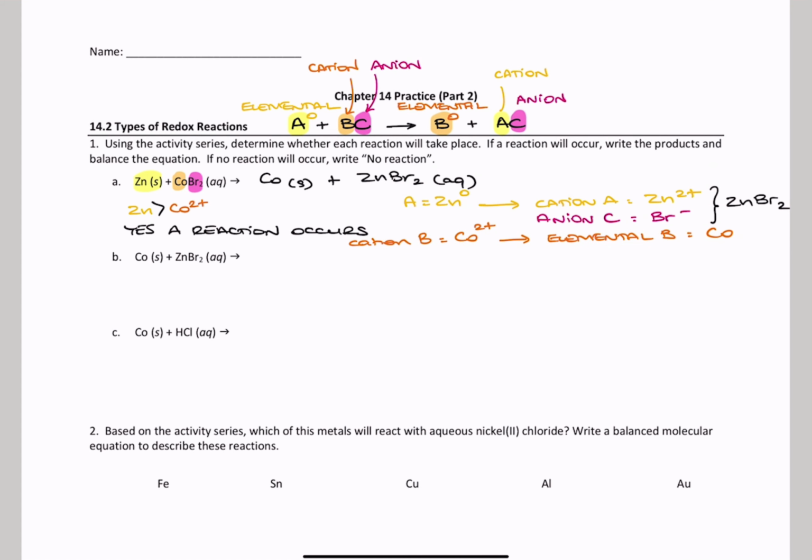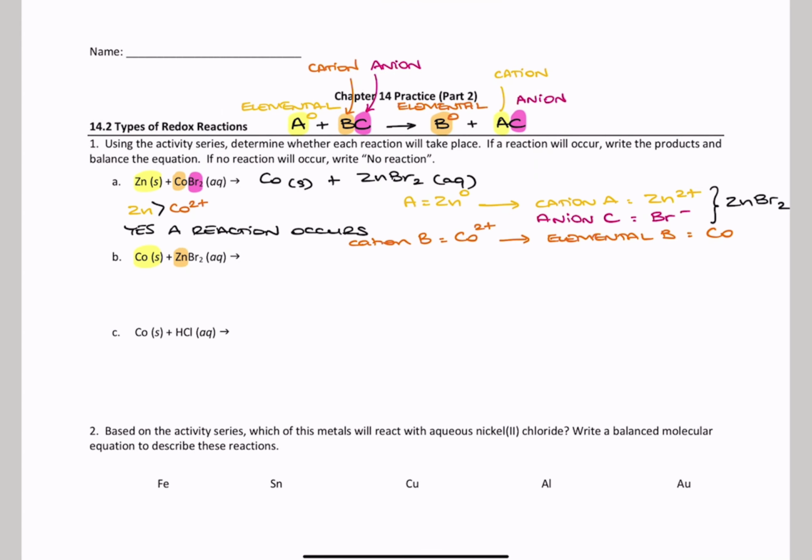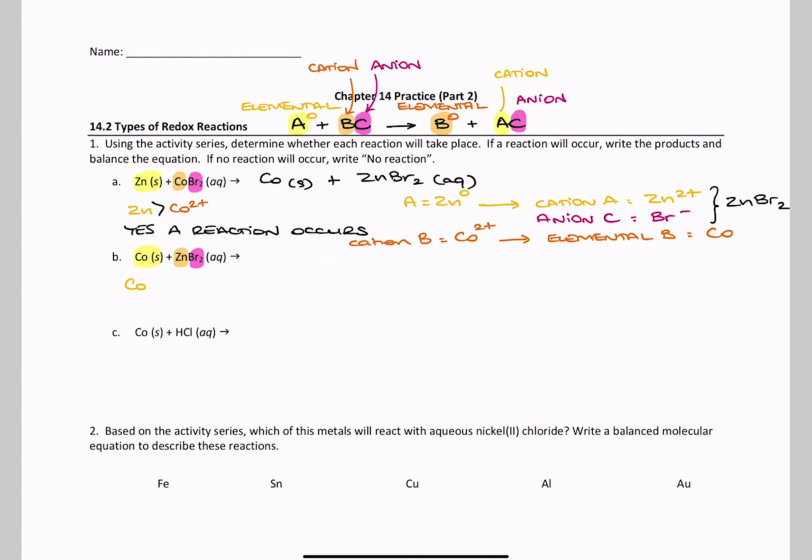Cobalt plus zinc bromide, is there a reaction? We're going to identify again. Here is the cobalt elemental, and now the cation is the zinc 2+ combined with the bromide ion, Br minus, in the BC compound. So what we're going to do is take a look at the activity series and see if the cobalt is above or below the zinc.